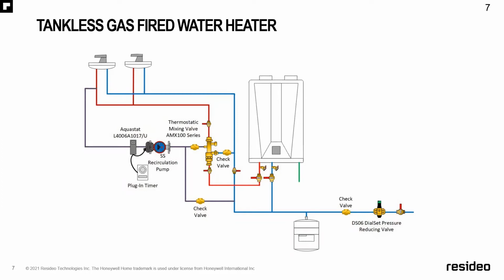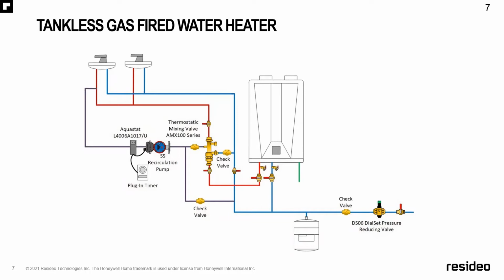Now, there's a common misconception about tankless water heaters, that they are instantaneous, which means every time you turn the tap on, you have hot water in a second. Well, that's not really true unless you introduce some kind of a recirculation system, which you can see here in this picture. Now, what recirculation will do is give you more control in the operation and the predetermined time you have hot water to your taps.